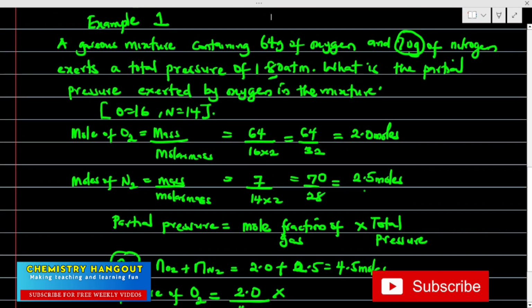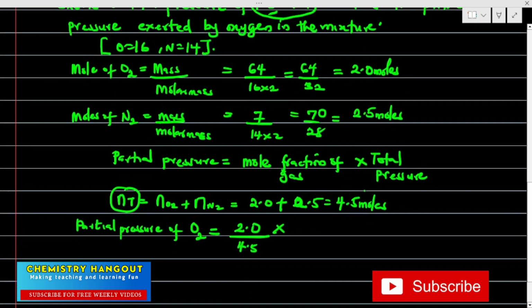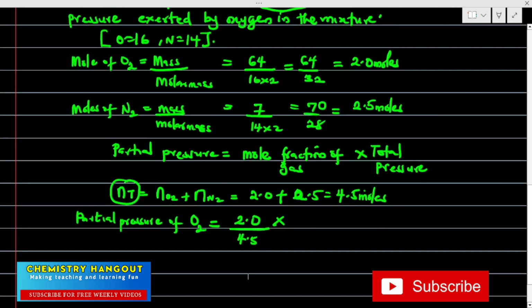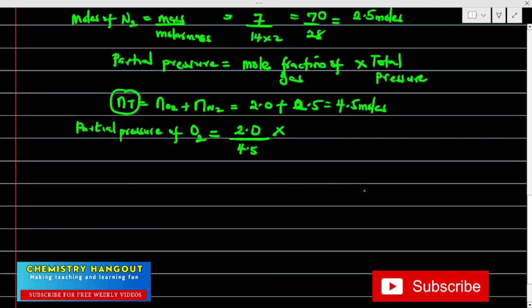Let's go up. Okay, 1.80 atm. Can you see that? This is it, 1.80 atm. So let's go down and infuse that very particular value, 1.80.